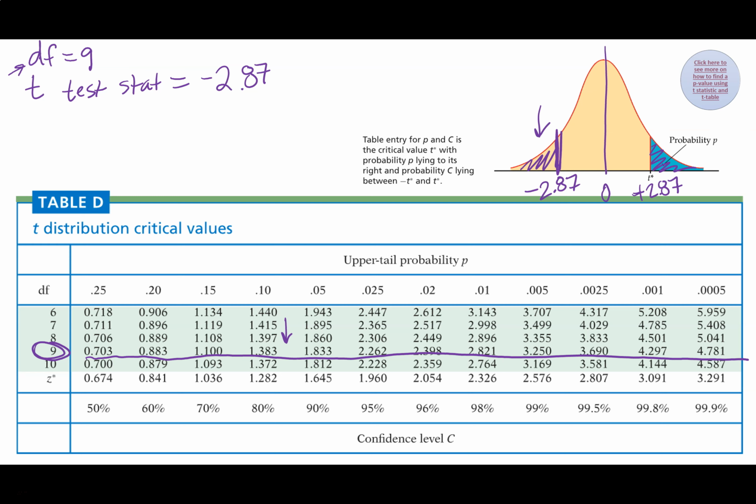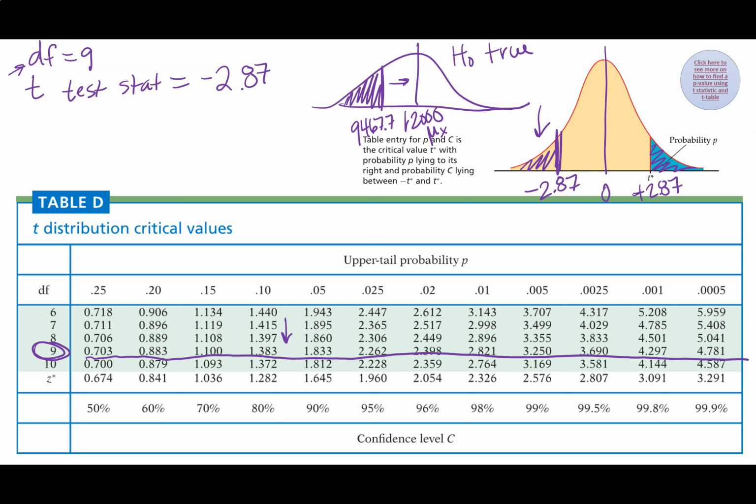And how I know to go below: if the null is true, and the mean is 12,000 miles, what we observed was 9,467.7. We are going to move away from the 12,000.